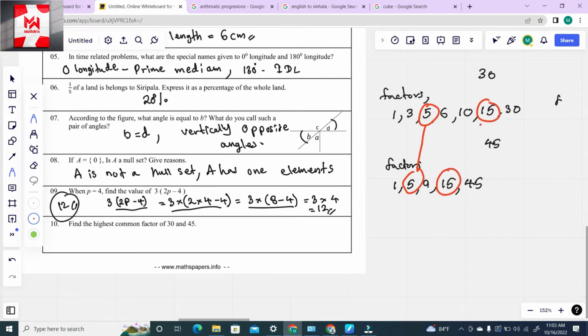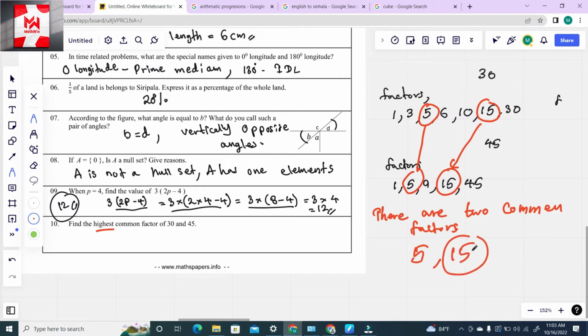Okay, there are two common factors, but they ask the highest common factor. So when we consider 5 and 15, 15 is the highest common factor, therefore the answer should be 15.